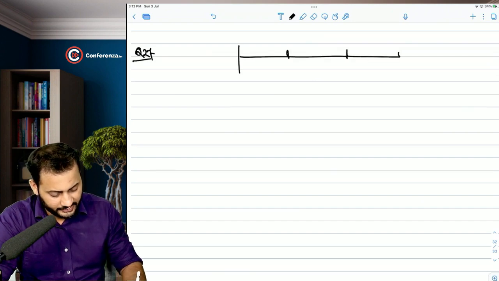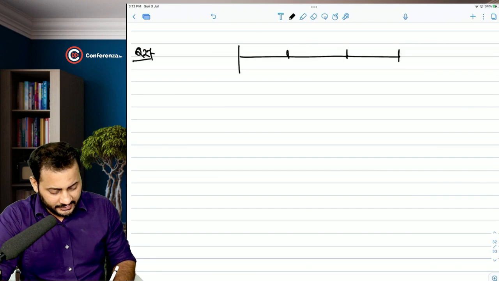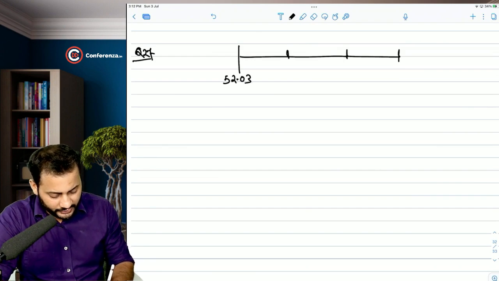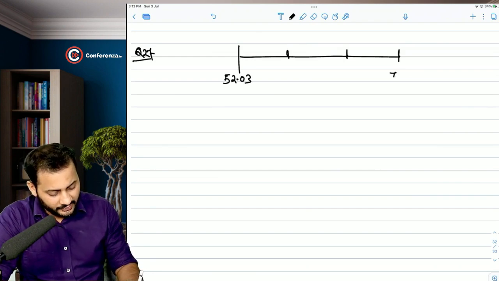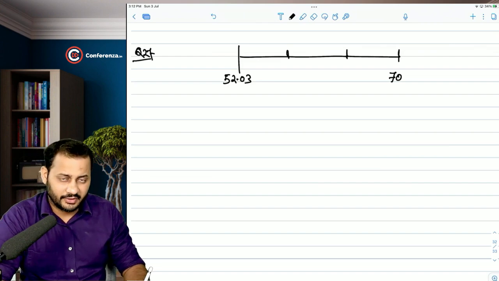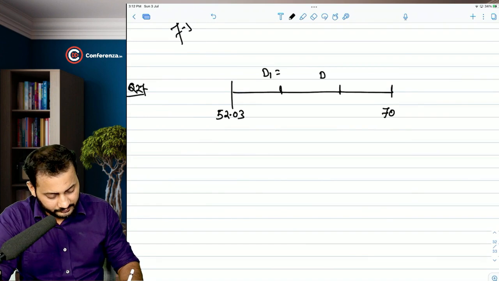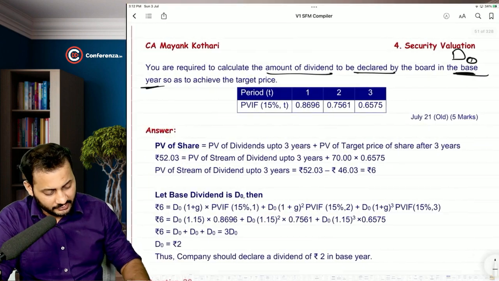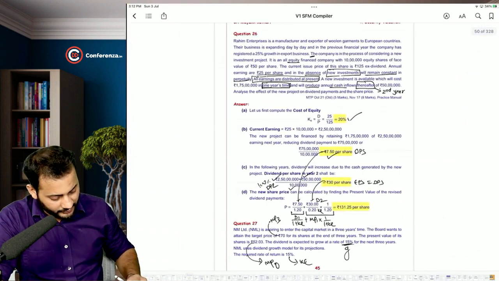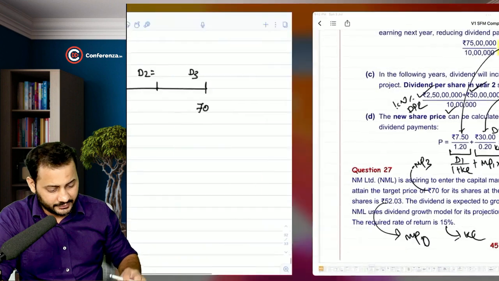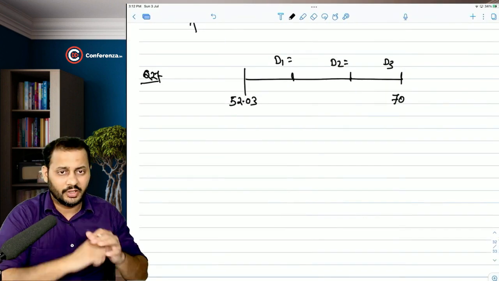First year, second year, third year. Basically, today the market price is 52.03. After 3 years, they want their market price to be 70. And they will be distributing dividend every year. This dividend that they will be distributing will grow at a rate of 15%.